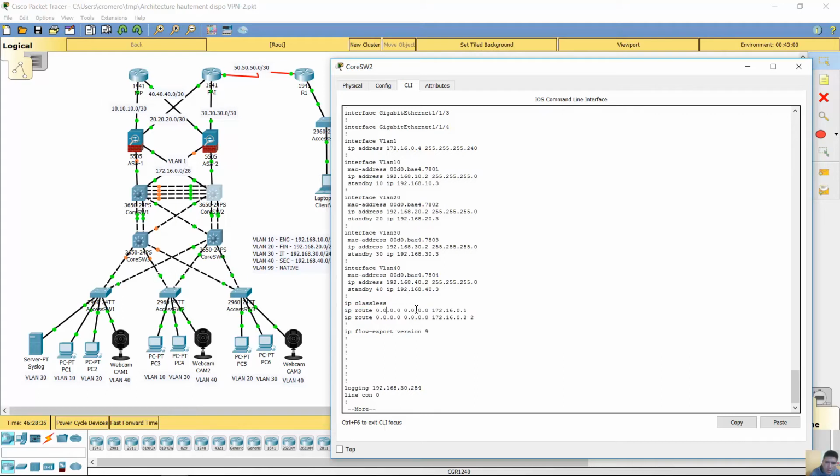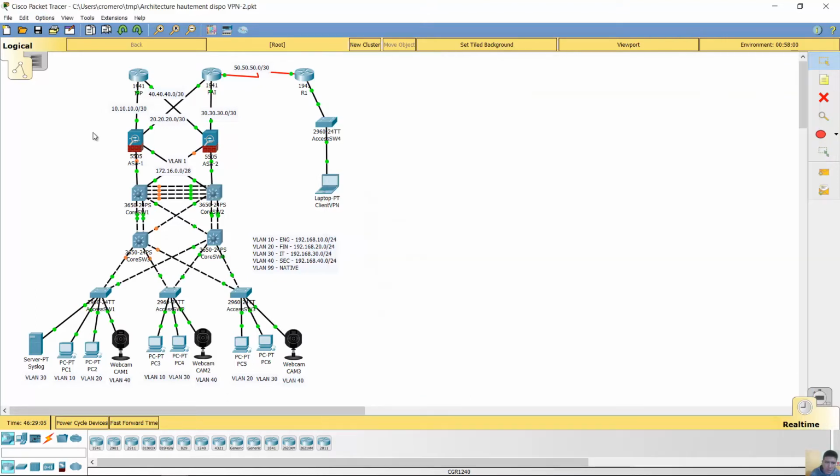There are two because one is connected to ASA1 and the second is connected to ASA2. The metric on this one is 1, and the metric for the other is 2. So this is preferred, so ASA1 is preferred.